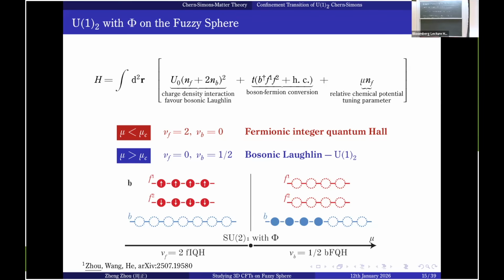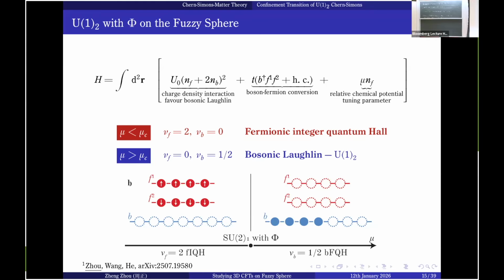So for the Hamiltonian, we only include the simplest terms, which are the charge density interaction, which appears as the background interaction in many fuzzy sphere models. And this term also favors the bosonic Laughlin state on the right-hand side of the transition. We include a conversion, a hopping between 1 boson and two fermions.